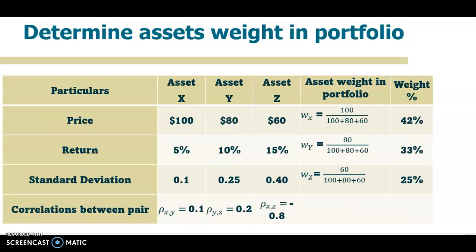From the information, we calculate the particular asset weight in the portfolio, which gives us asset X is 42%, asset Y is 33%, and asset Z is 25%.